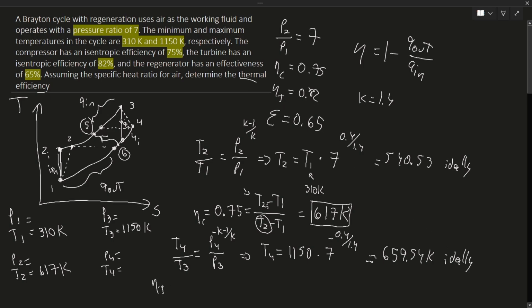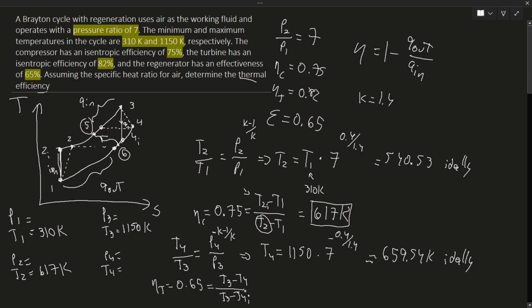You have your turbine efficiency, 0.65, T3 minus T4 over T3 minus ideal T4. Since T3 is higher than T4, I don't want a negative value. Since we're going down this time, the ideal T4 is in the denominator.